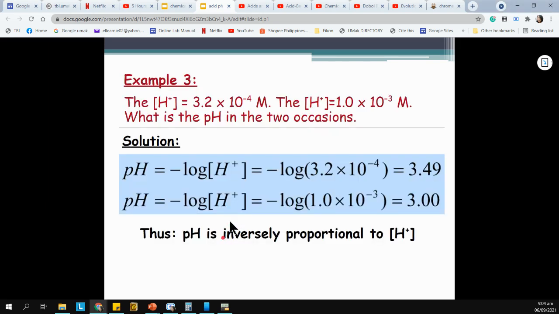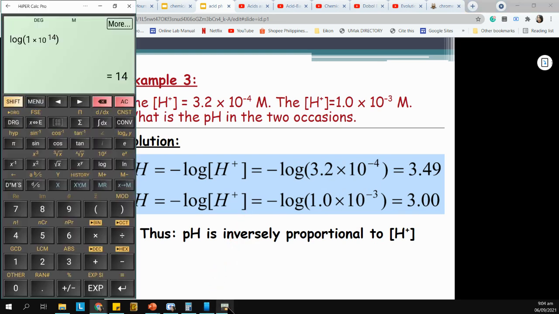Okay? Now, in this equation, you're given the concentration of the acid, which is 3.2 times 10 to the negative 4. Although you can see the answers here, we'll still proceed with how to do the calculation on your calculator, or the keystrokes in the calculator.